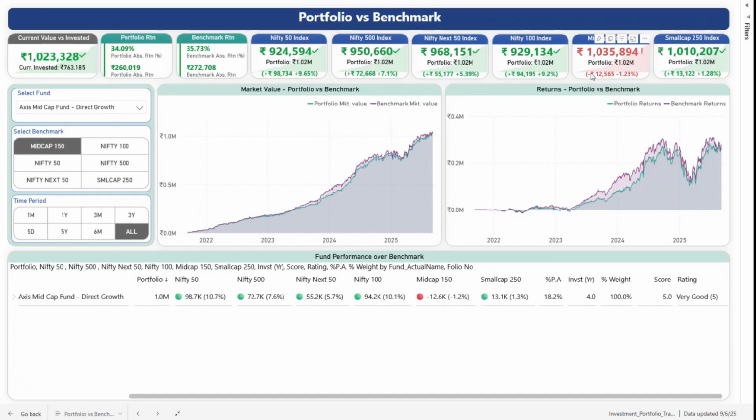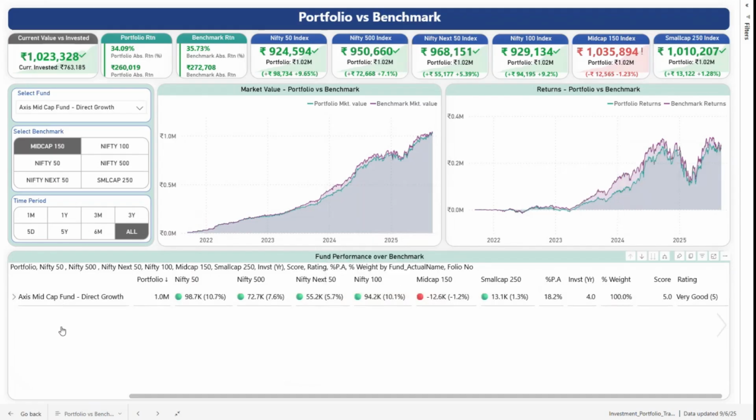So there is a difference of 12,000 rupees. Correct. So my fund is underperforming the Midcap 150 index fund. But the beauty here is, if you look, Midcap 150 always has higher volatility. The difference in the initial days was very high, and then when the correction happened, my fund fell less than the Midcap 150.